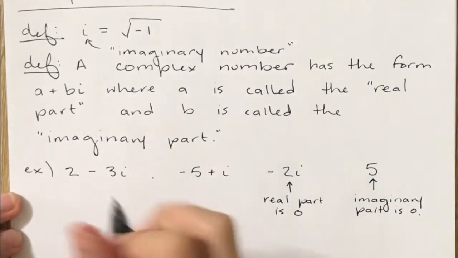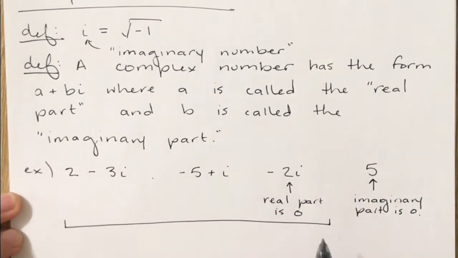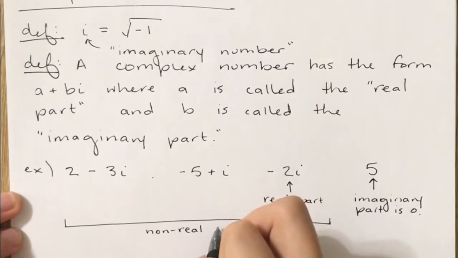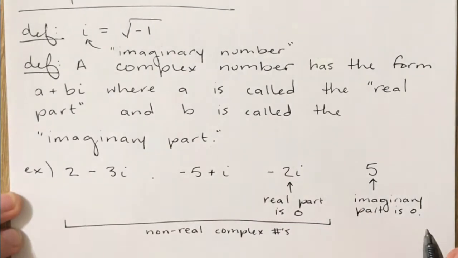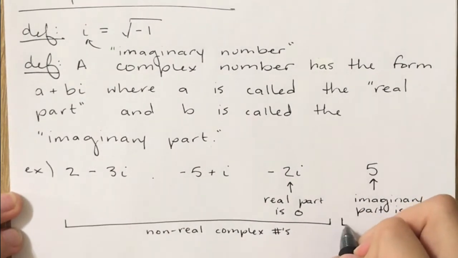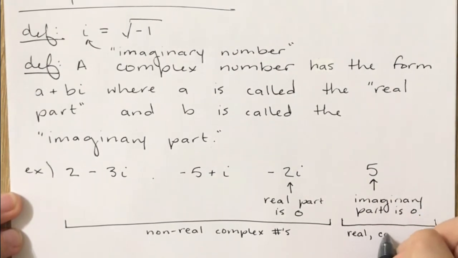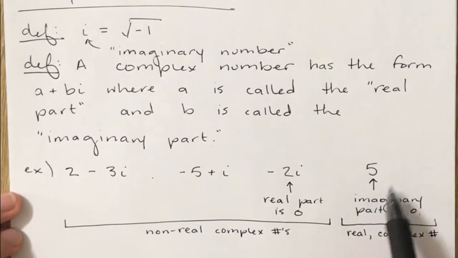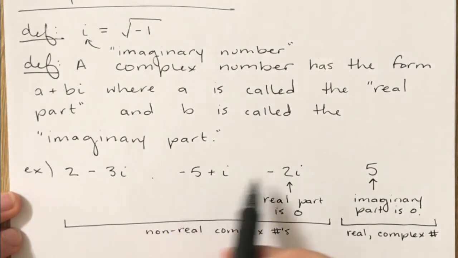So the way we're going to differentiate between these is by saying that these numbers that look like these three are non-real complex numbers. And this guy is what we're going to call a real complex number. We've seen real numbers before, and all of those real numbers are also complex. But there are also non-real complex numbers, and those are the ones that have i.